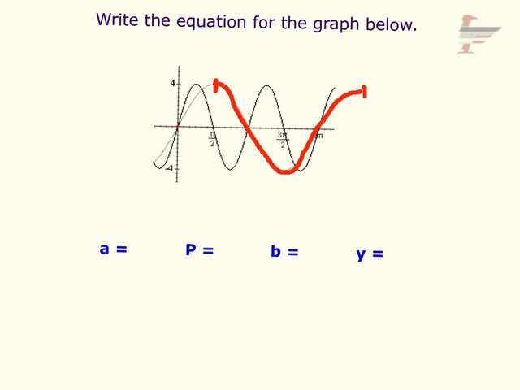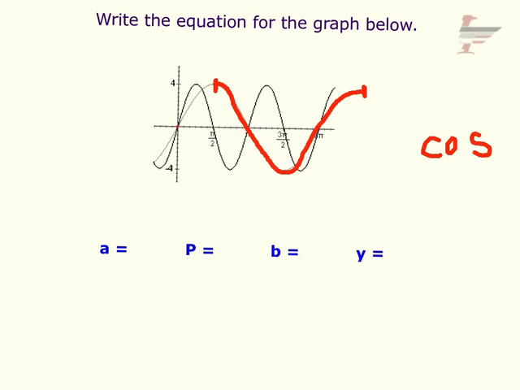You're going to make the equation that fits that function. First and foremost, you have to decide is that cosine or sine, and hopefully you recognize that we've got a cosine wave. Is it reflected or not? No, it's not, because the maximum is starting above. So that's not reflected.